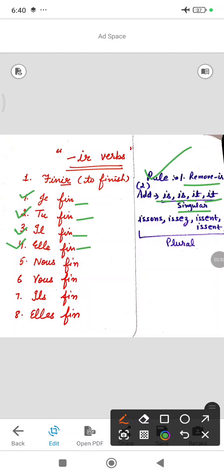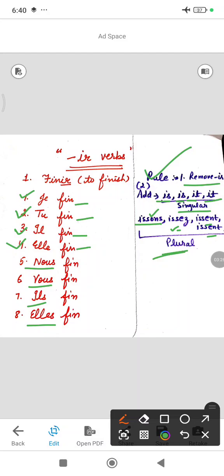Okay. Next, with the plural ones, which are the plural subject pronouns? Nous, vous, ils and elles. These are the plural ones. So with the plural ones, we have to add these endings. With nous, I told you earlier, you can remember nous ends with ONS, so it will go with nous only. If anything ends with EZ, then it must be with vous, and ENT you already know goes with they.